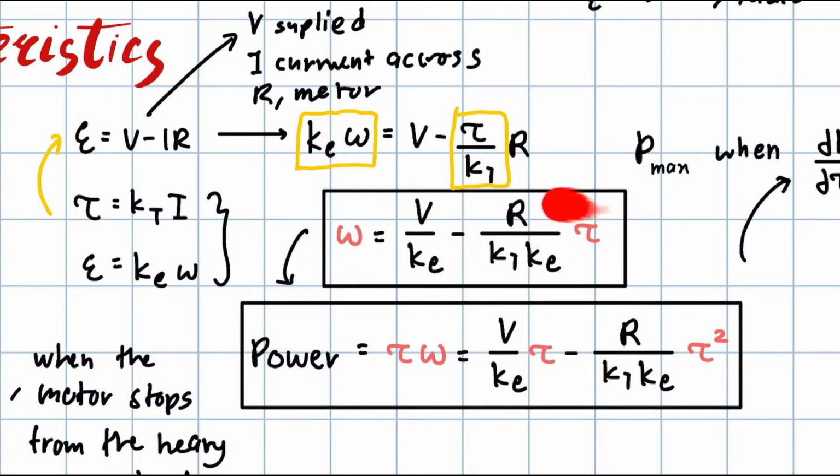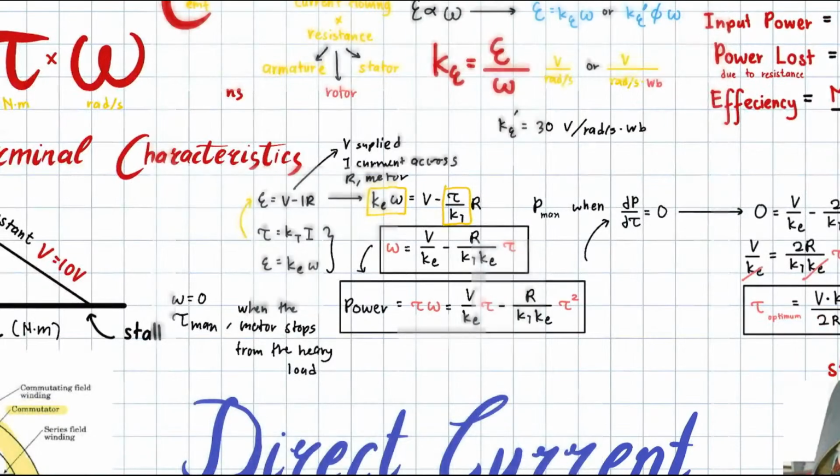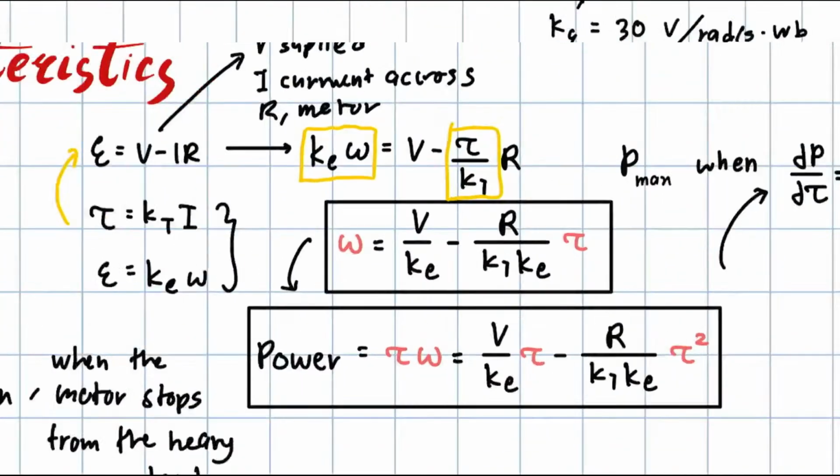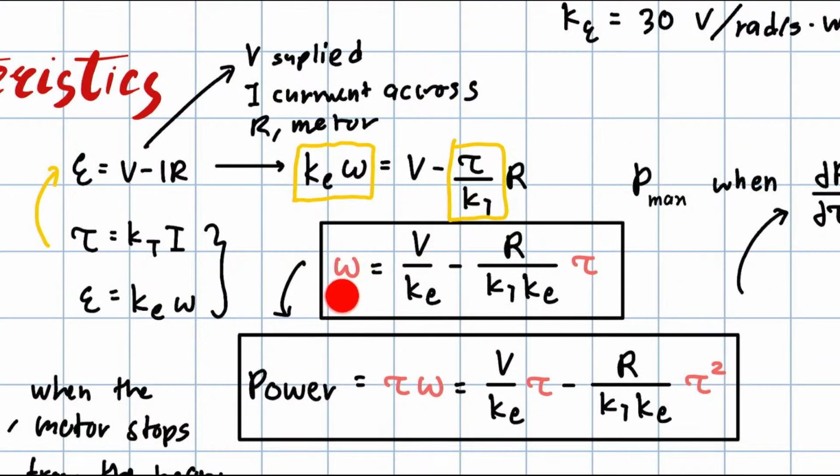What is this equation? This is the function of this straight line. The angular velocity equals V over Ke minus R over Kt Ke times torque.